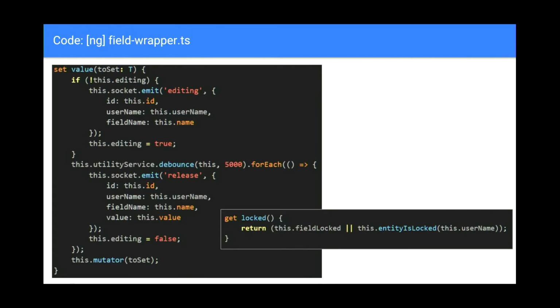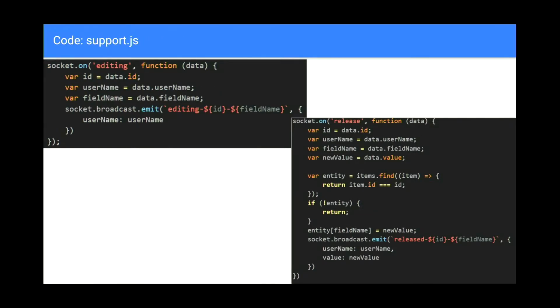This debounce basically just says, hey, if I stop typing, wait 5,000 milliseconds, or basically 5 seconds, right? Then I have this little helper that says, hey, if the field is locked or the entity is locked, then you can't edit, right? So this is built around each one of the fields. I feel like there should be a better way to do this. There probably is, but this is what I ended up with.